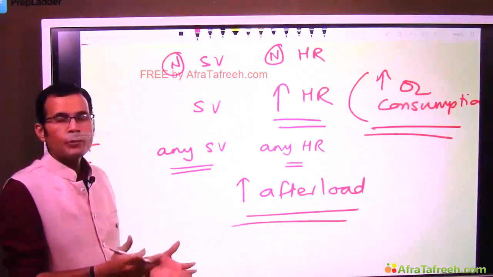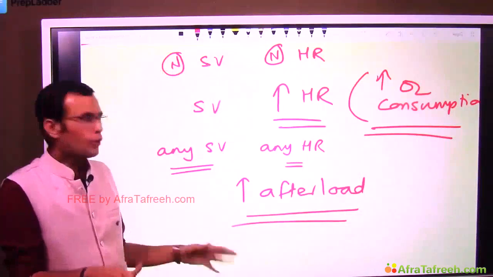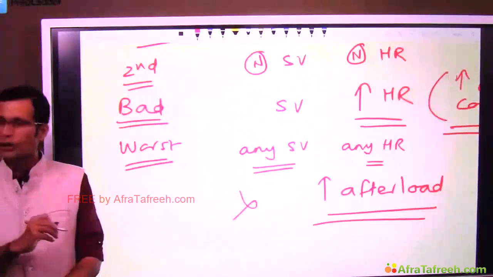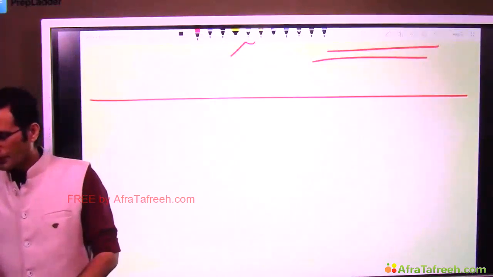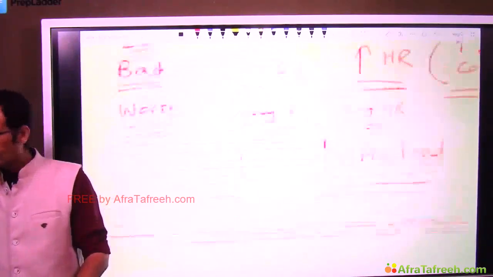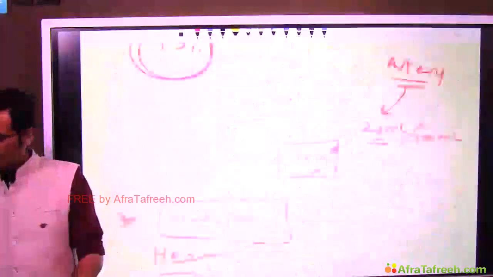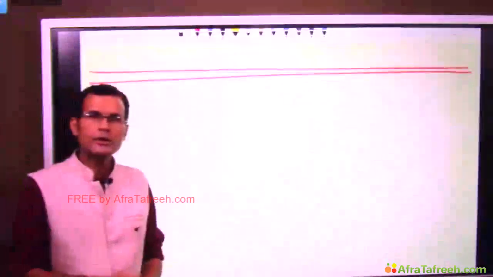The work output becomes less and a lot of oxygen is consumed. So this is a poor economy. That was about the economy of the myocardium. So these are some of the important characteristics related to the coronary circulation.